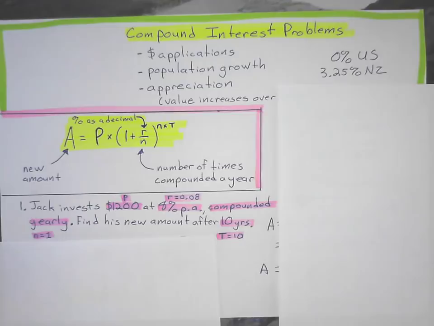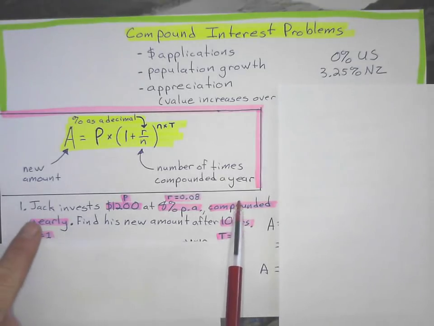So here's a problem where I highlighted the bits of information that you need. If I said Jack invests $1,200 at 8% per annum, compounded yearly, find his new amount after 10 years. And I just highlighted all the parts that we need to substitute into the formula. His principal is $1,200, 8% is 0.08, 10 years means t equals 10, and compounded yearly means n equals 1.